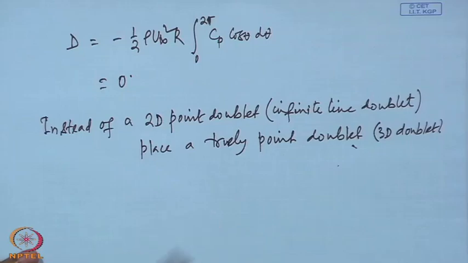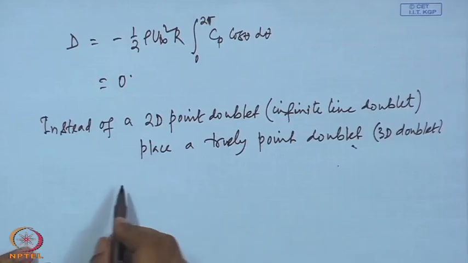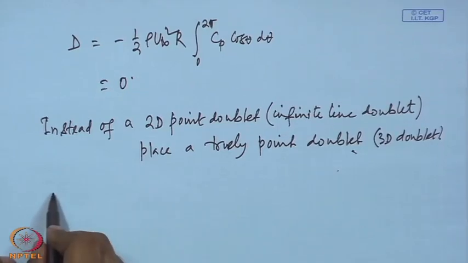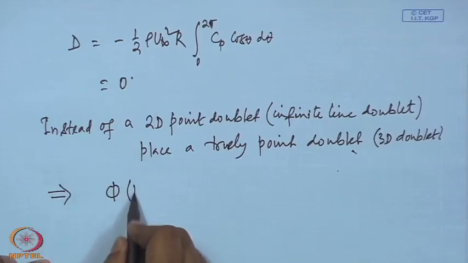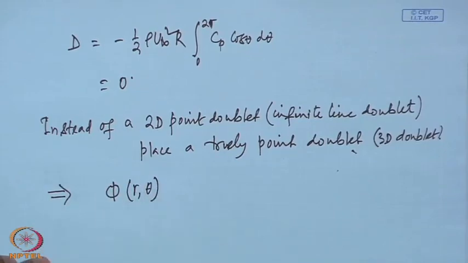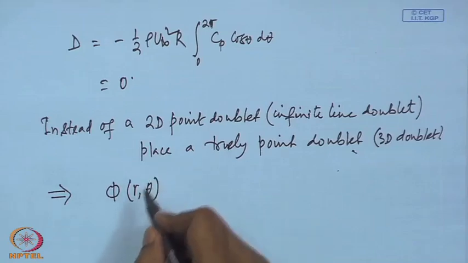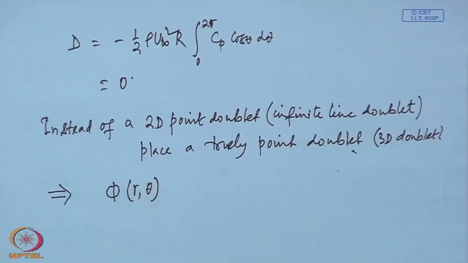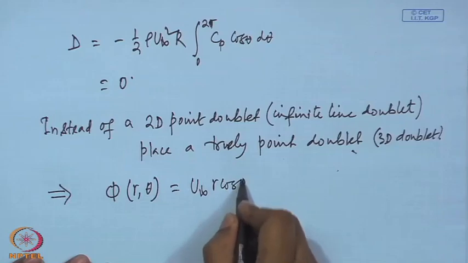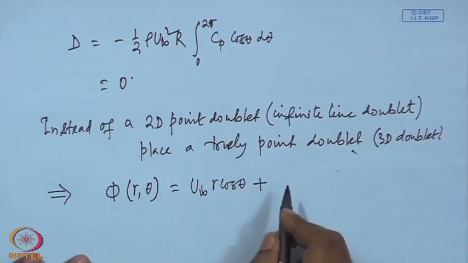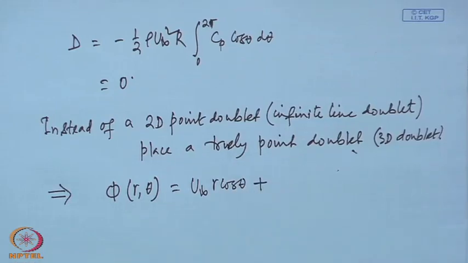Then what will be the potential function? The potential function in the r theta plane. In the r theta plane, once again it is U infinity r cos theta plus, what is the potential for a point doublet?